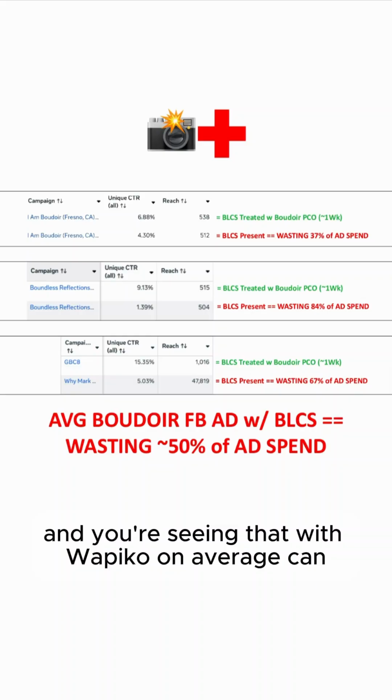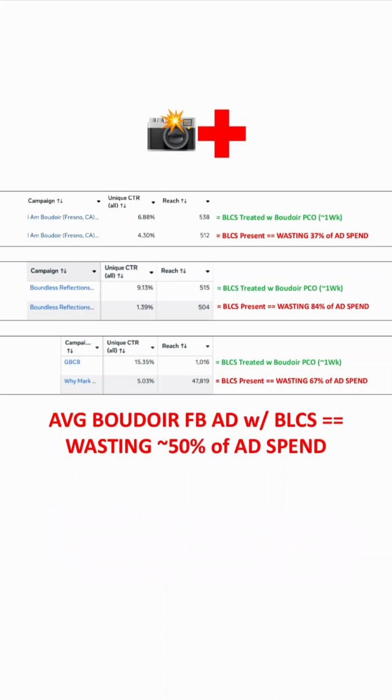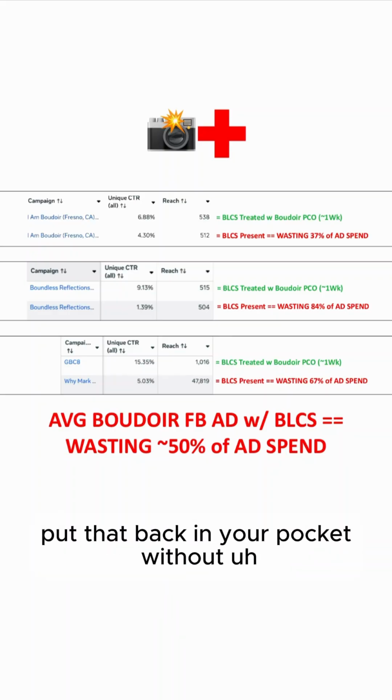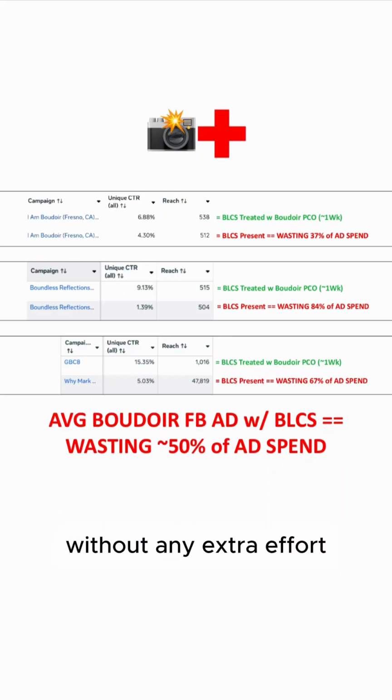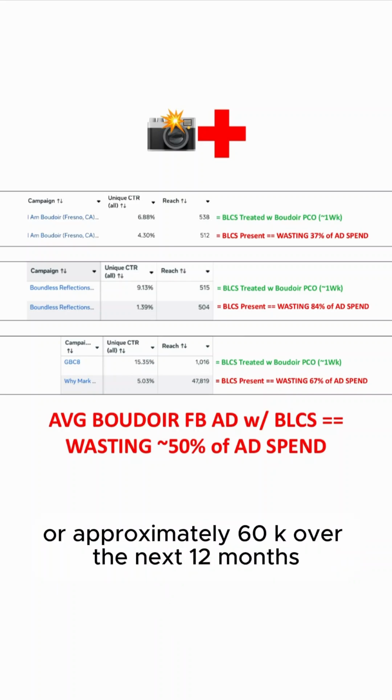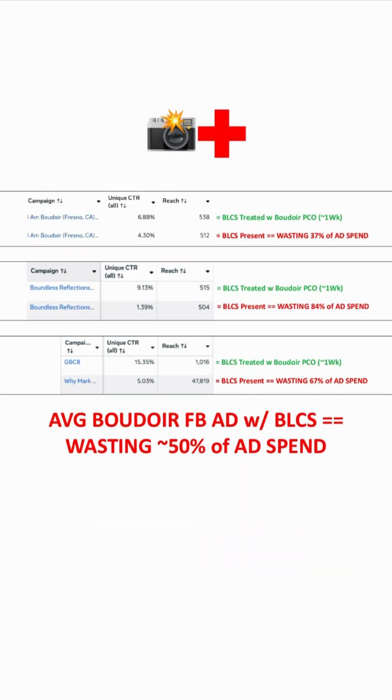And you're seeing that Boudoir Pico on average can eliminate about half your ad spend being wasted, put that back in your pocket without any extra effort. So it'd be approximately 5K per month, or approximately 60K over the next year.